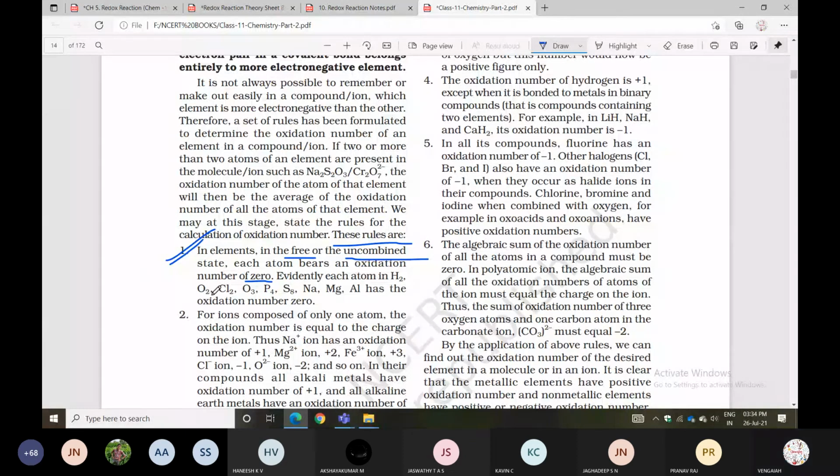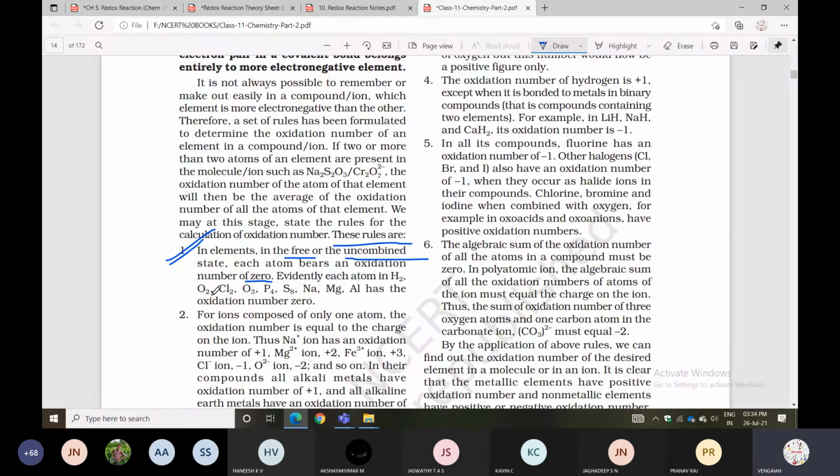What I am saying is, element form, uncombined state, is 0 oxidation state. For ion condition, whatever the charge is: Mg 2+ is 2 oxidation state, Fe 3+ is 3 oxidation state, NH4 + is 1 oxidation state, Cl- is -1 oxidation state. It is equal to the charge.